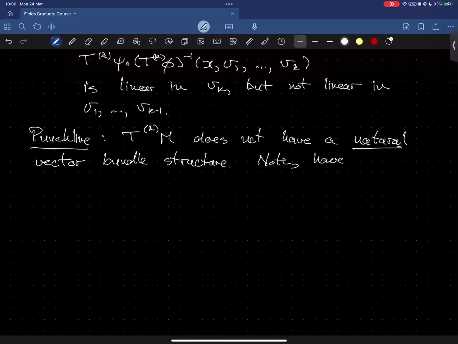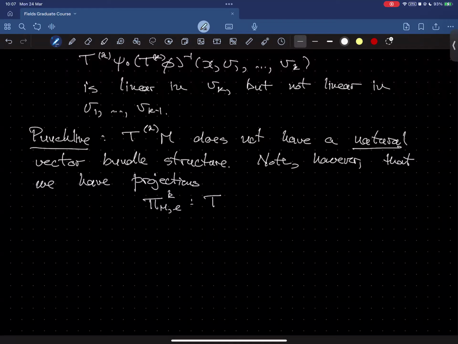Note, however, that we have projections, let's call them pi^k_l from T^k M to T^l M, as long as l is less than or equal to k.